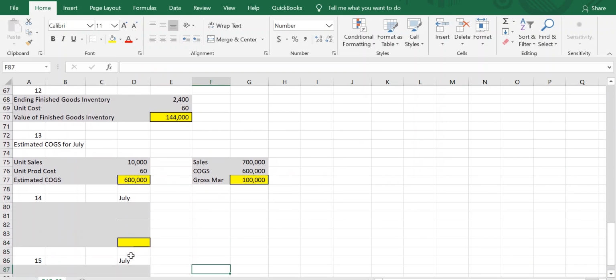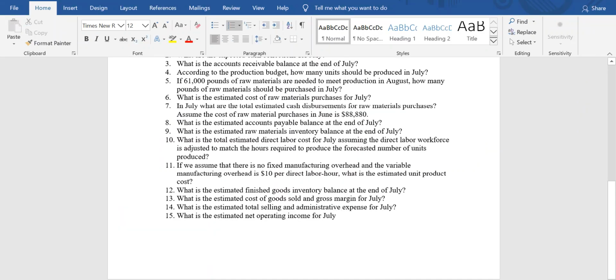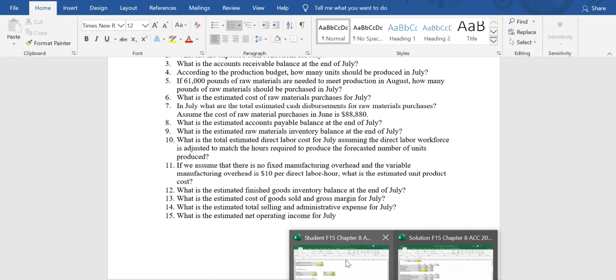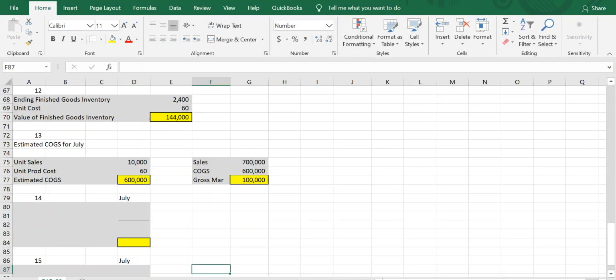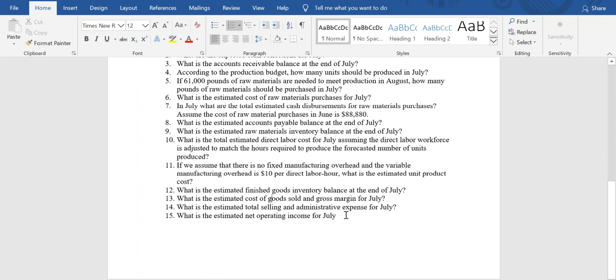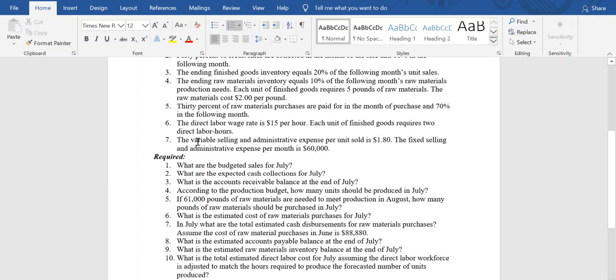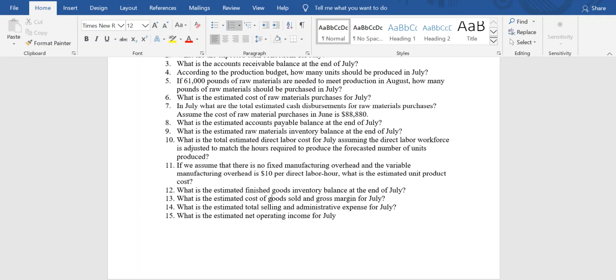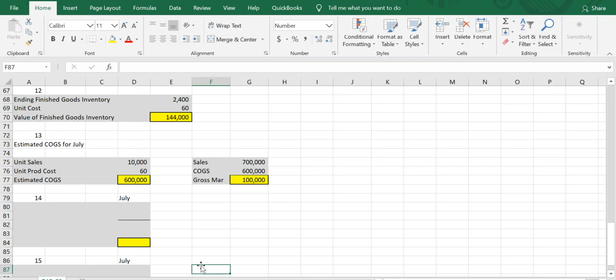Number 14 asks us, what is the estimated total selling and administrative expense for July? Well, again, we go back here, but we also look back at this number 7 up above. It says the variable selling and admin expense per unit sold is $1.80. The fixed selling and admin is $60,000 a month. So if we're going to calculate that, we're going to have two components.